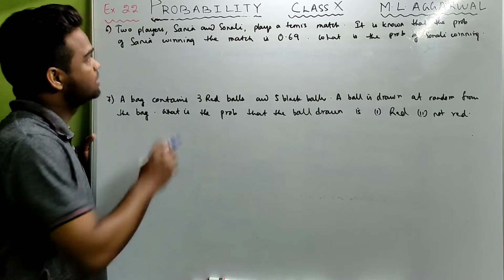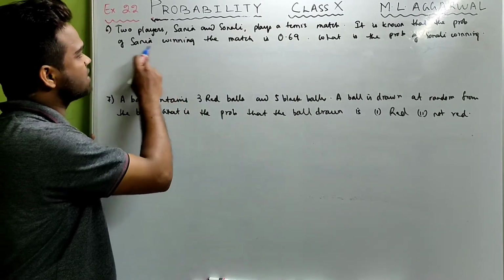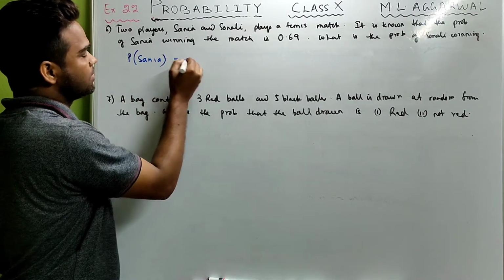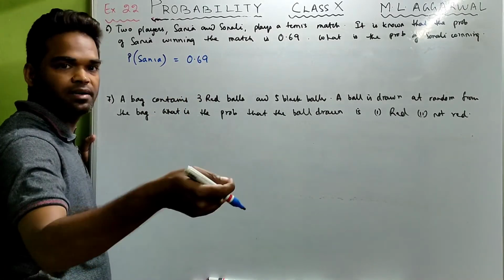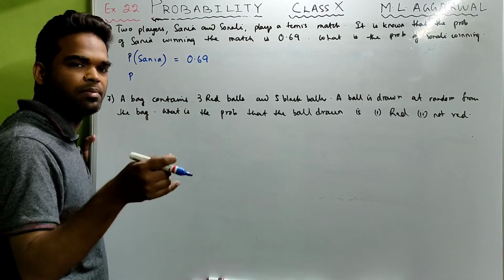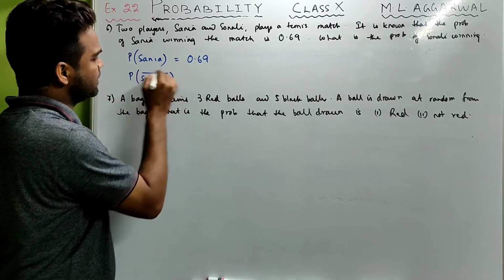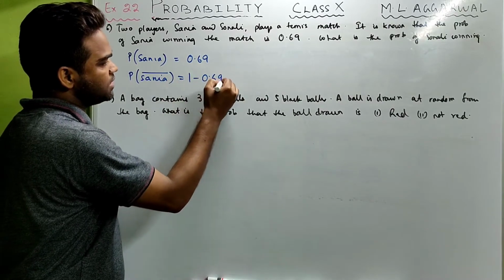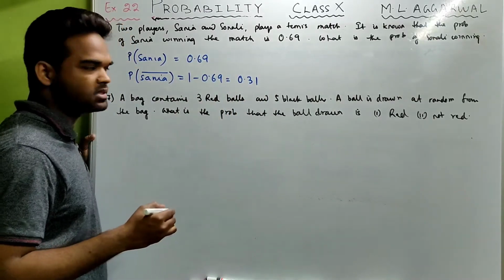Now let us look at the next sum. Now look at number 6. Two players, Sania and Sonali, play a tennis match. It is known that the probability of Sania winning the match is 0.69. What is the probability of Sonali winning? Which means we need to find the probability of Sania losing, which means probability of Sania not winning. The bar I have given will be 1 minus 0.69, which is 0.31, isn't it?